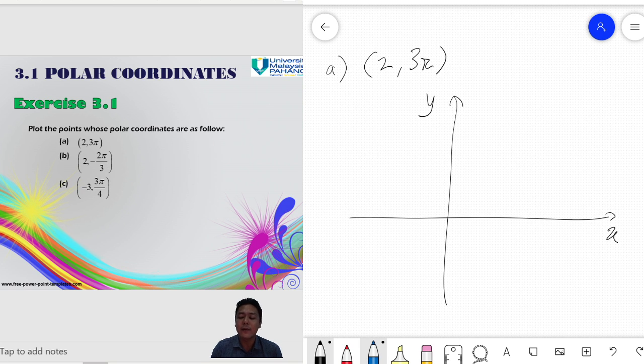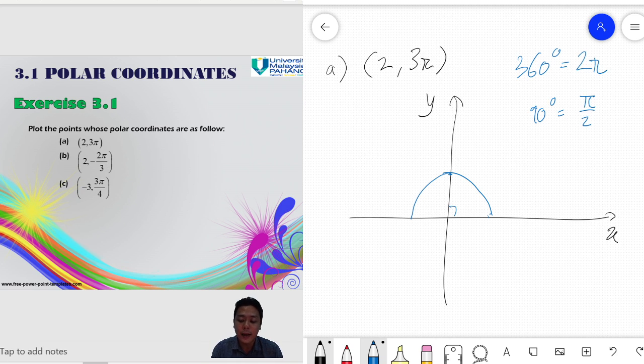A tip if you want to know: there are special angles in radians. For example, 360 degrees is equal to 2π, which represents a circle. Therefore, if we measure from here 90 degrees, it will be π over 2.